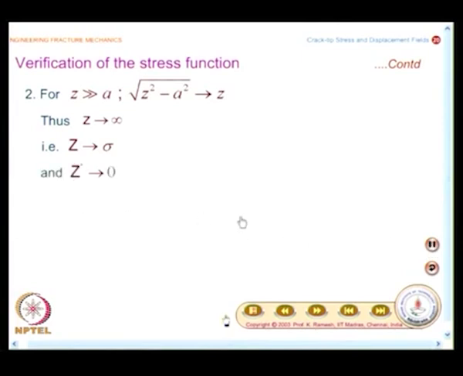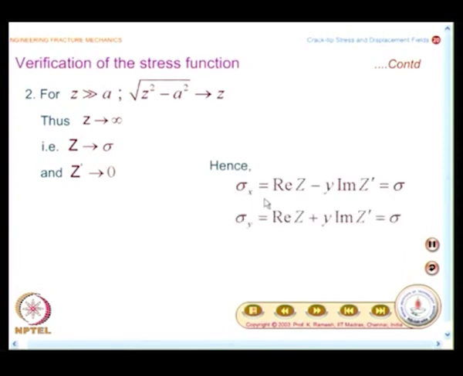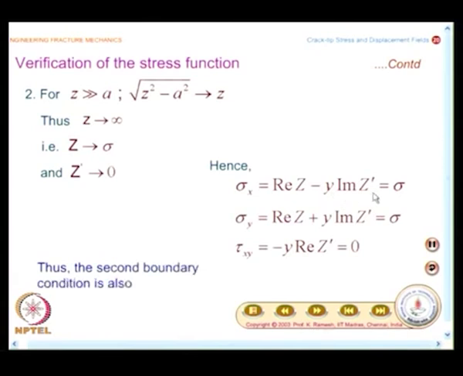So, when you look at this, the expression for sigma x is given as real part of capital Z minus y imaginary part of capital Z prime, that goes to sigma, and there is only a small sign change in the second term. Sigma y also becomes sigma.